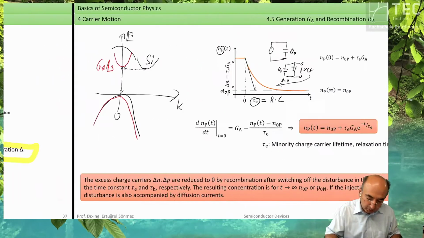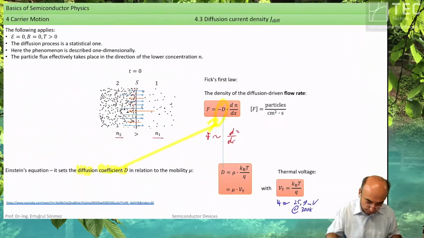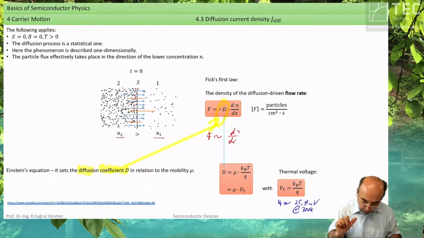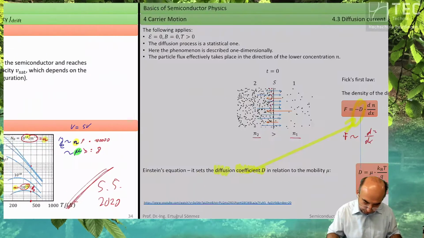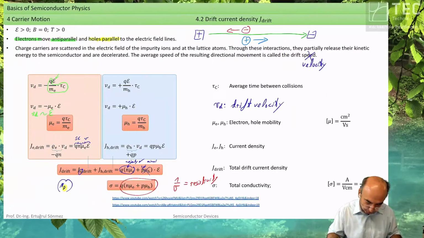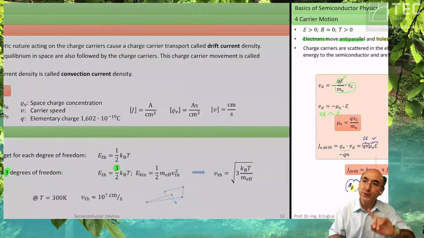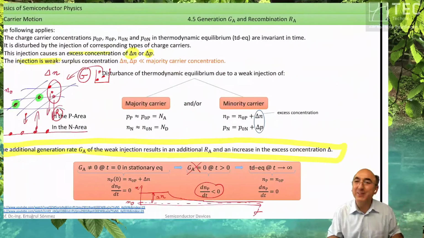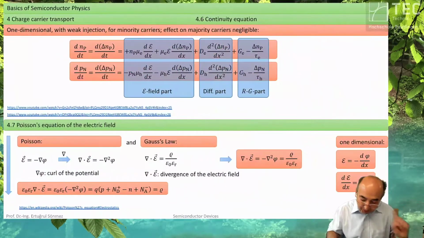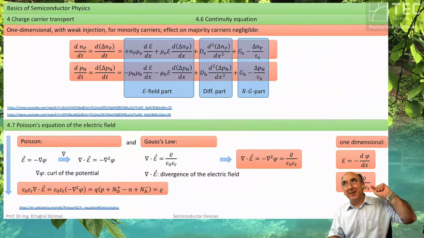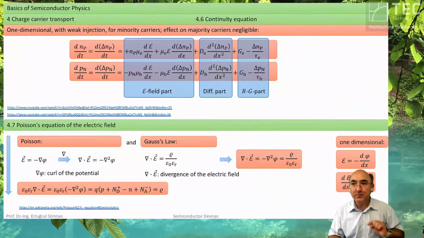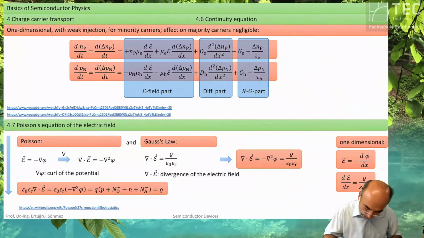What do we know in addition? In addition, we know, one second. No, the rest we don't know yet. We will learn. We know that the flux is a function of the disturbance. You know this equation?